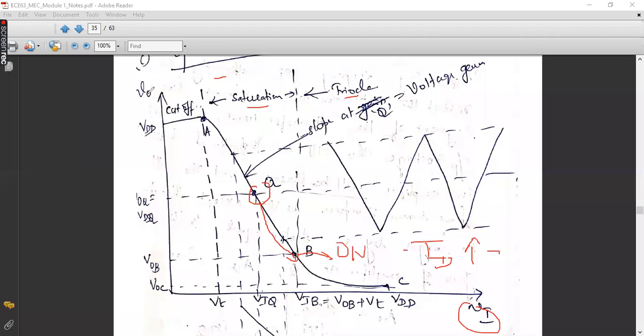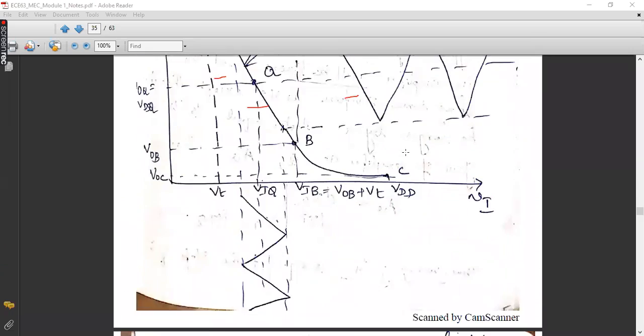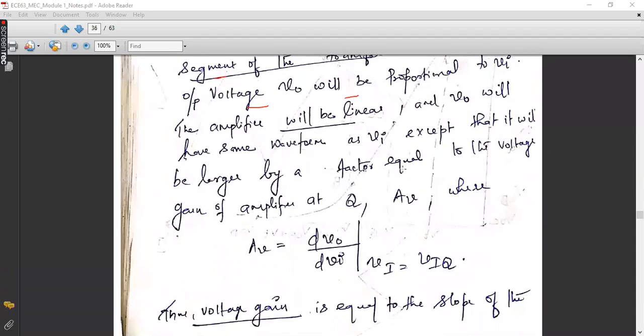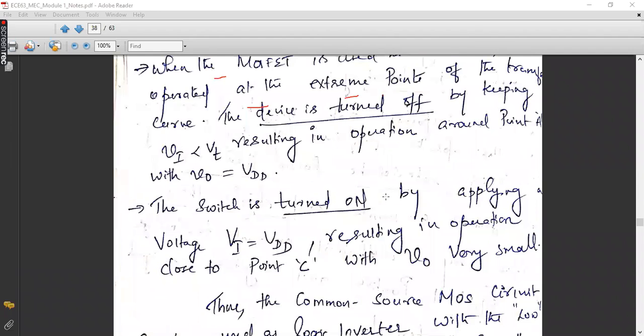Since ID is maximum, V naught will be very less, and this can be considered as an on switch. Therefore, the MOSFET can be operated as both amplifier as well as switch by keeping your quiescent point in a desirable region. So this is what I have shown here.